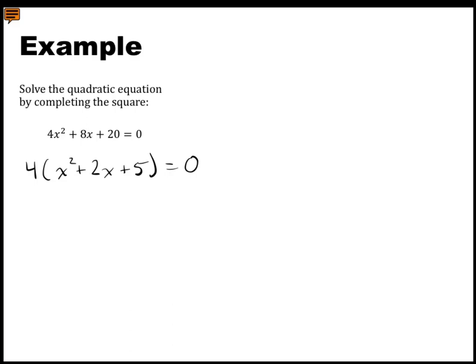I like to double check my work sometimes. 4 times x² is 4x², 4 times 2x is 8x, and 4 times 5 is 20. Now we can divide both sides by 4 to get rid of that 4. 4 divided by 4 is 1, and 0 divided by 4 is 0.